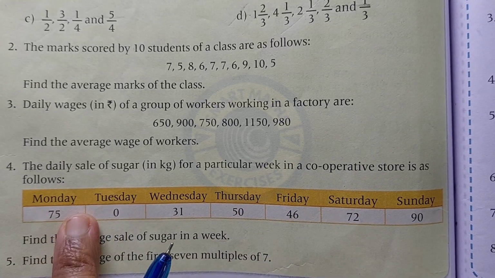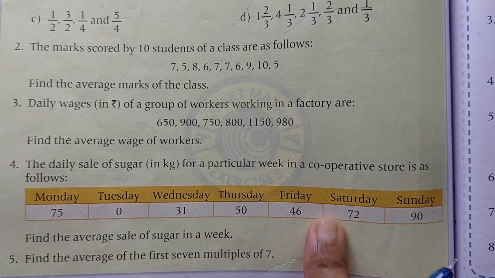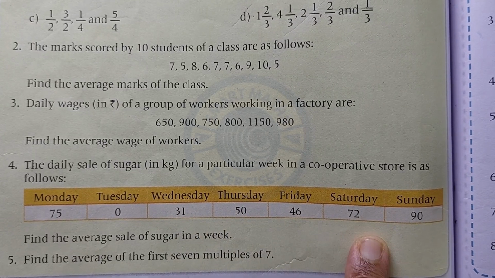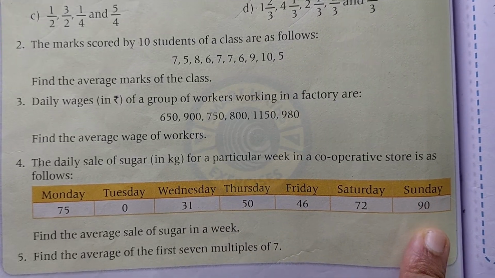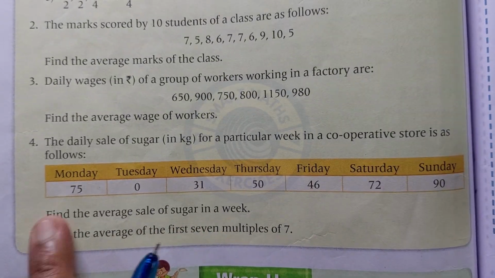Monday 75, Tuesday 0, Wednesday 31, Thursday 50, Friday 46, Saturday 72, Sunday 90. We have to find the average sale of sugar in a week. Add all this and divide by total quantity.